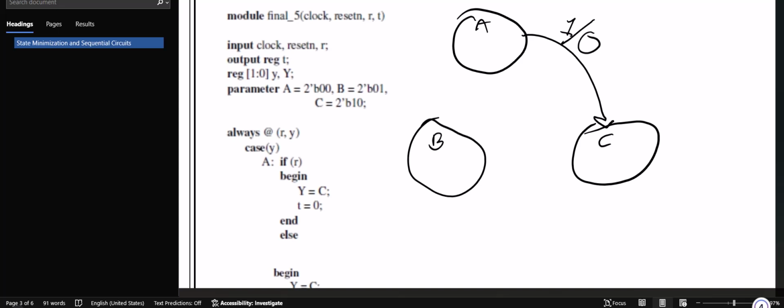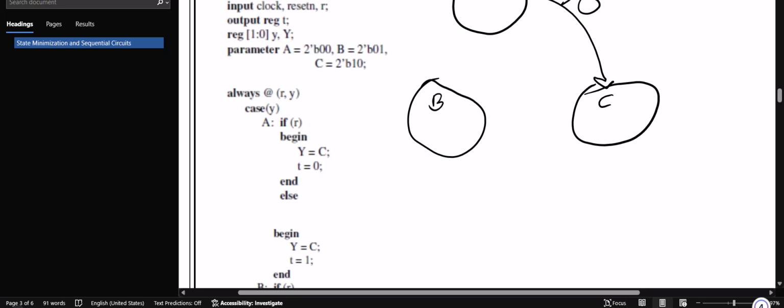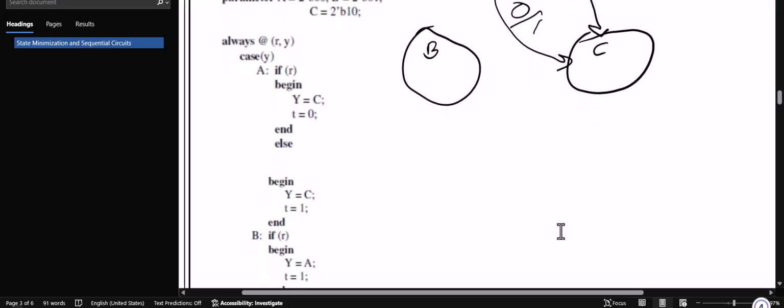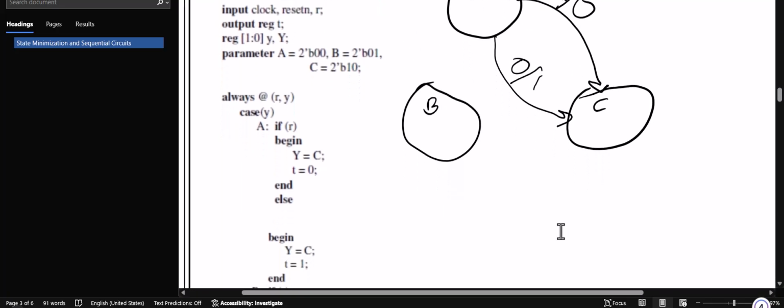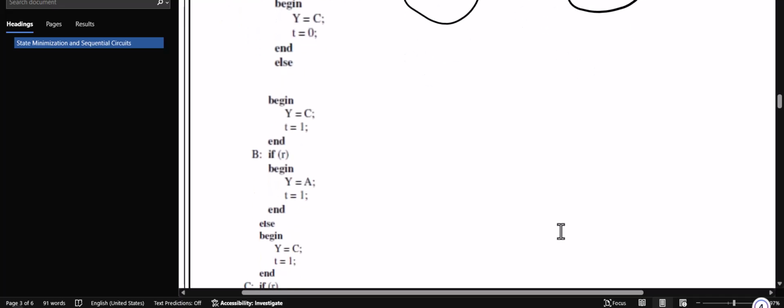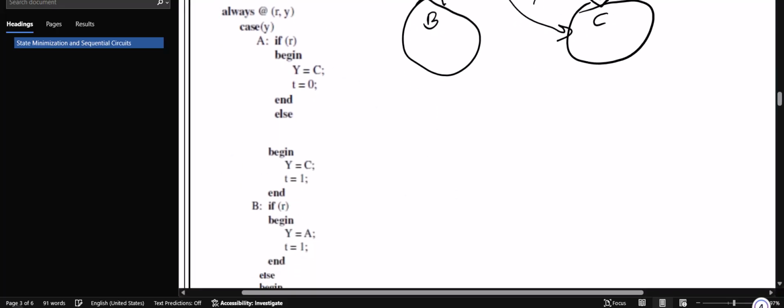Else, I'm in state A, so that means R is 0, but my output is 1. If I'm in state B and R is 1, then my next state is A. And my output is 1.